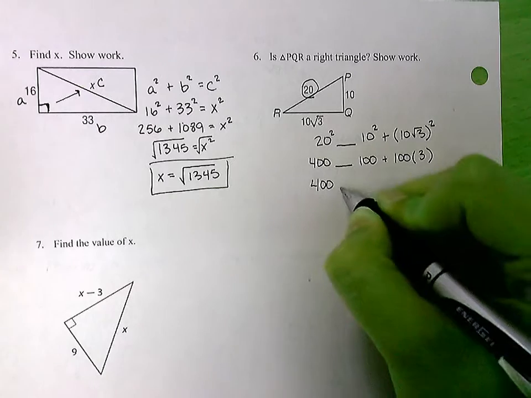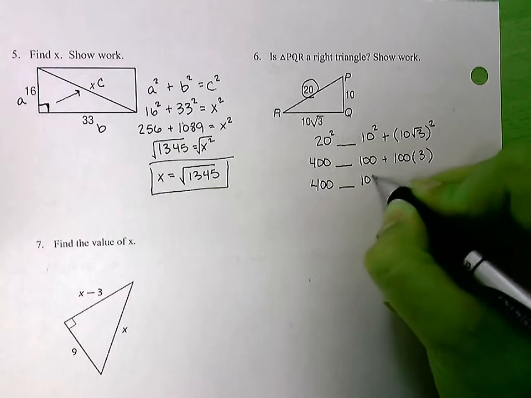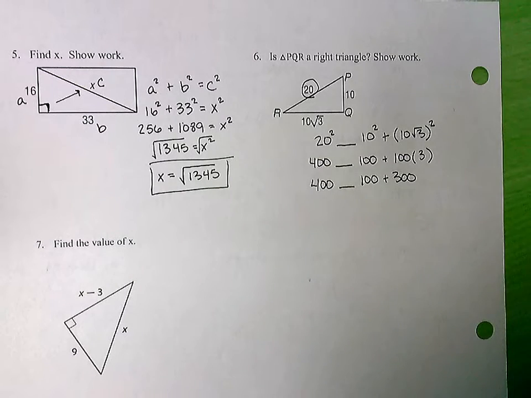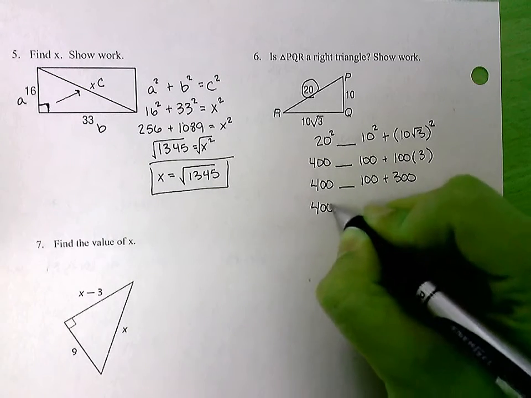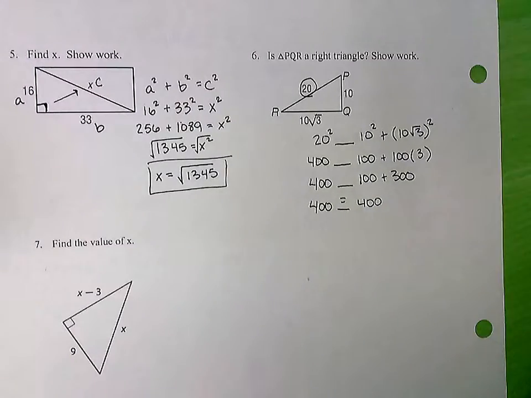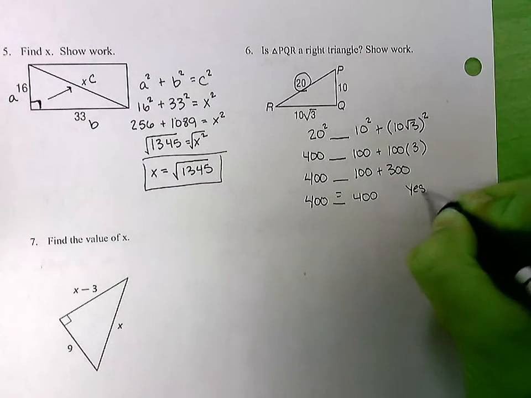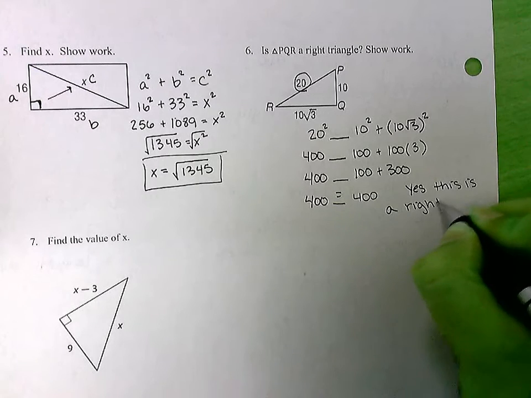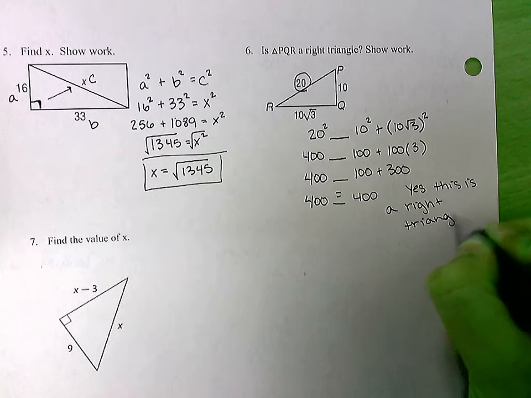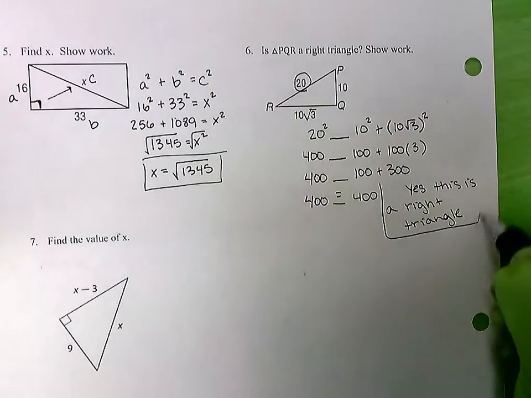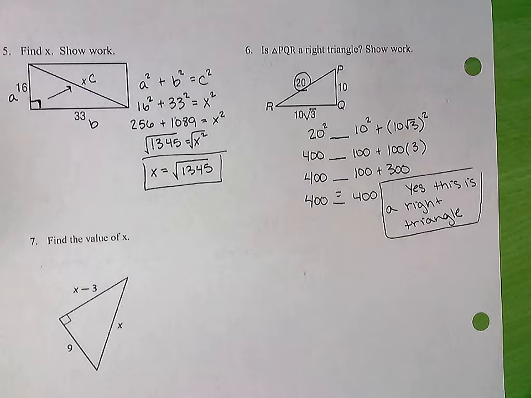Okay, so I still have 400 compared to 100 plus 300. So we have 400 compared to 400. Those are equal. So yes, this is a right triangle.